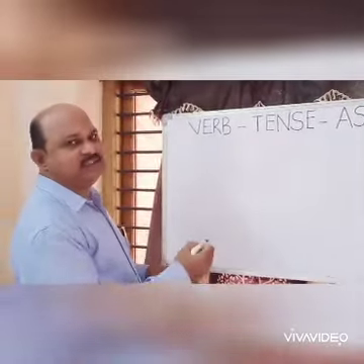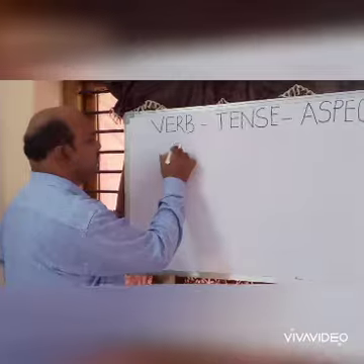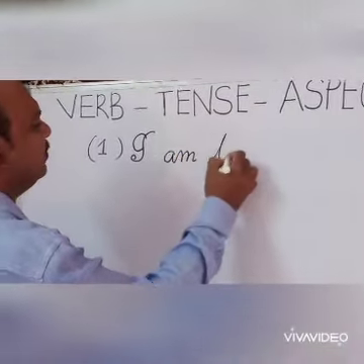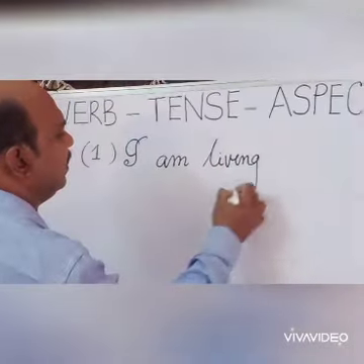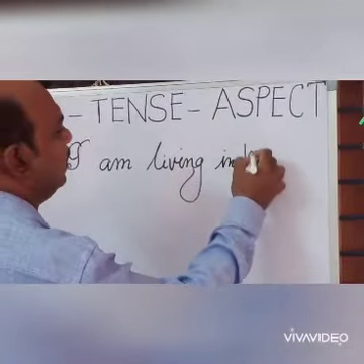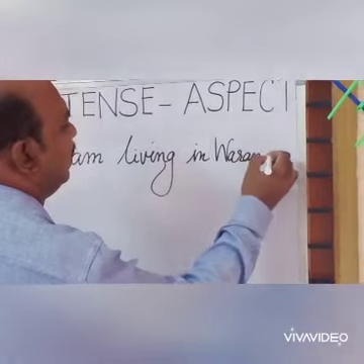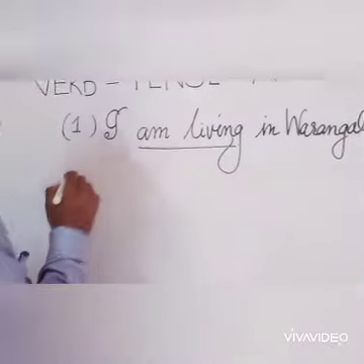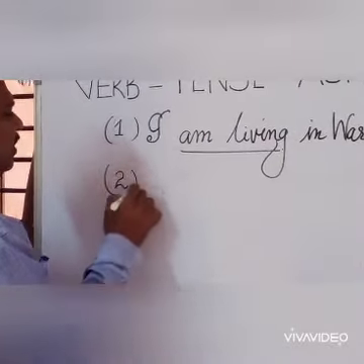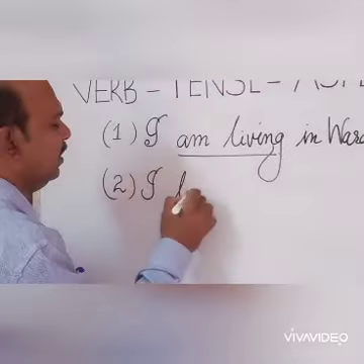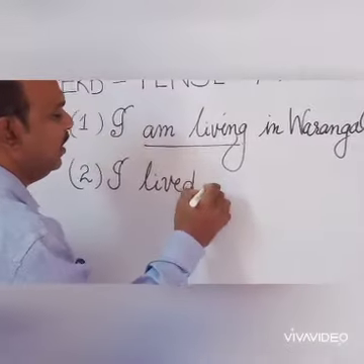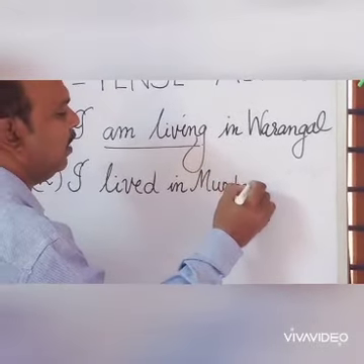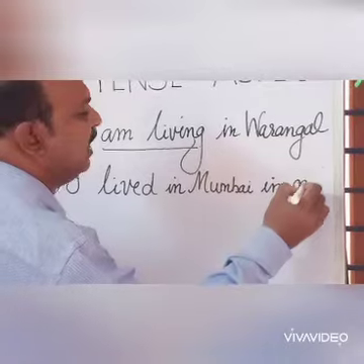Now, see these three sentences. The first one is I am living in Warangal. The second one is I lived in Mumbai in my childhood.